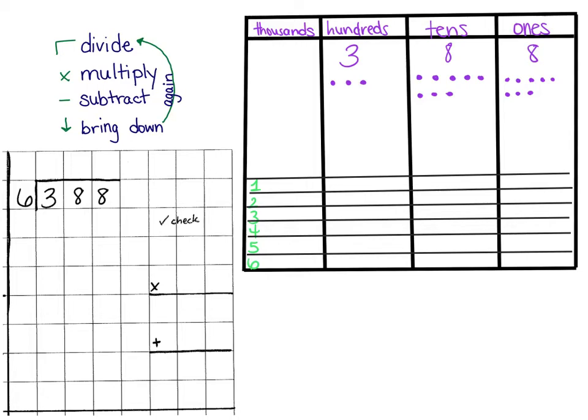We cannot do 3 like this because it does not make equal groups. So we have to take each of the numbers and move them over. So we're going to make each of these hundreds into 10 tens. So this one will be made into 10 tens.